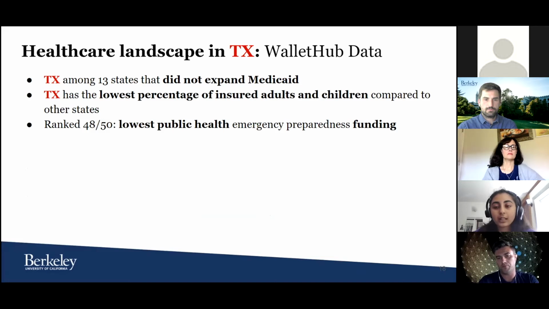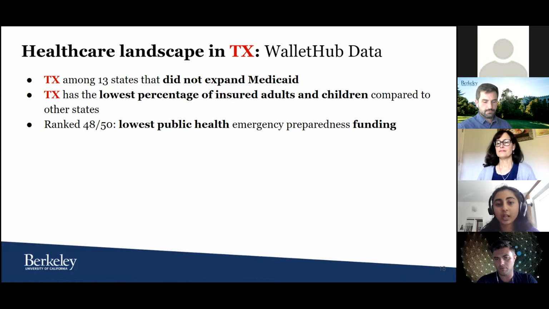And we saw that Texas, going back to underfunding of public health, has a lot of uninsured Texans, and in general had the lowest public health emergency preparedness funding, which could also drive Texans to turn to Google to search for public health data or healthcare information, like coronavirus and babies and symptoms, because a lot of folks don't have access to healthcare, especially compared to the rest of the US.